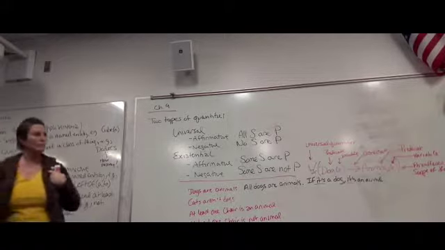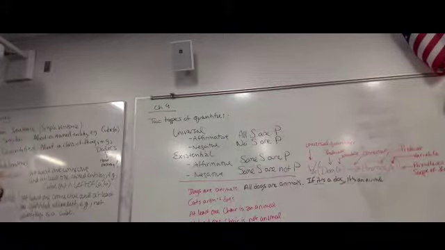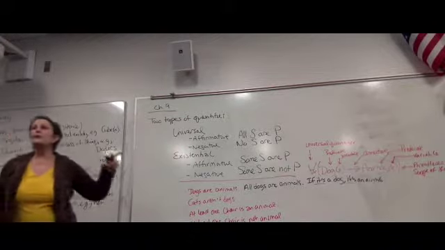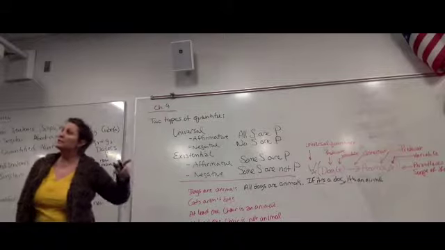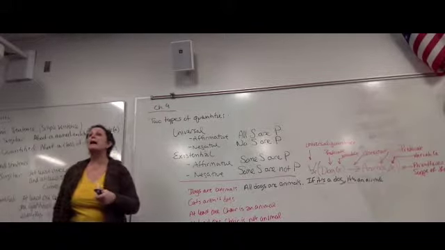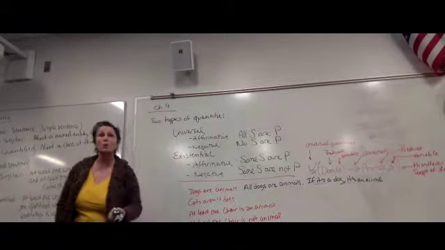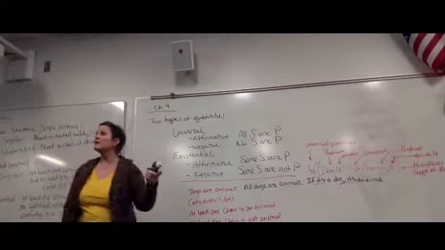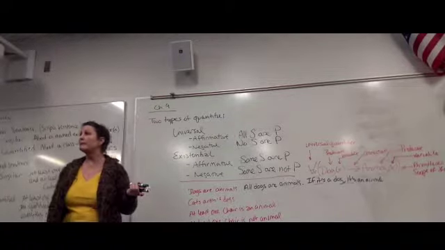Yeah? Okay. So all of the notation, except for the upside down A, you already know. We replace the individual constant with a variable, a placeholder, and in our system we use T through Z, right?